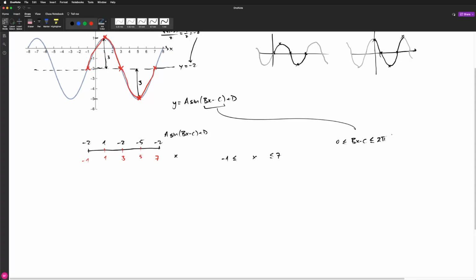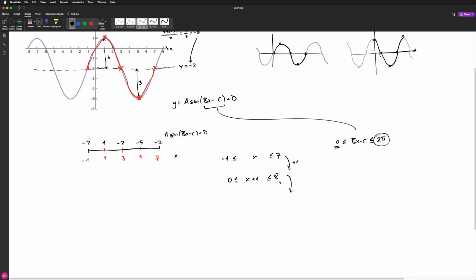So what you want is to get from here to there. I'm going to add 1 to both sides, so that way I'm making the left side 0.